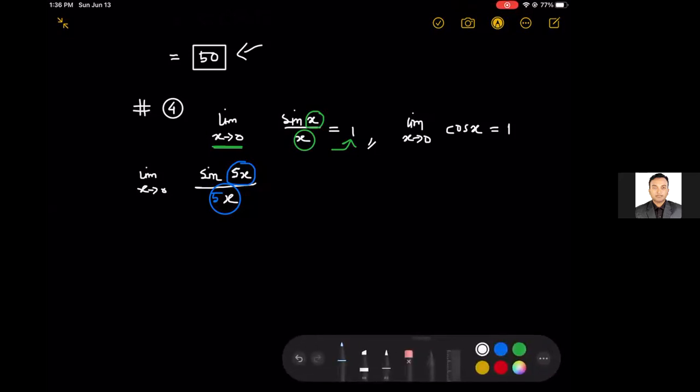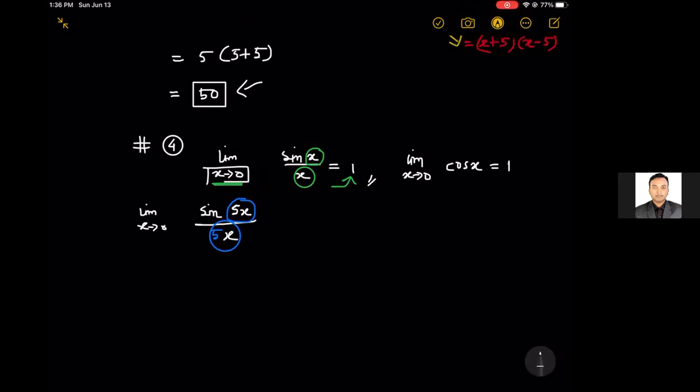Let me briefly tell you why. If x tends to 0, don't you think 5x also tends to 0? If you multiply 5 times, that should still tend to 0, right? That means whenever x is approaching 0, 5x is always approaching 0 as well.